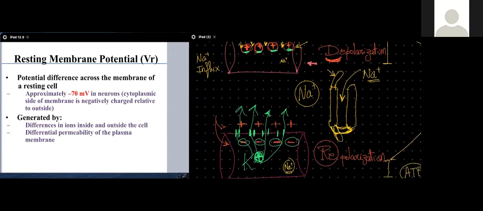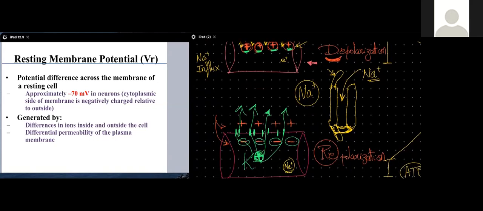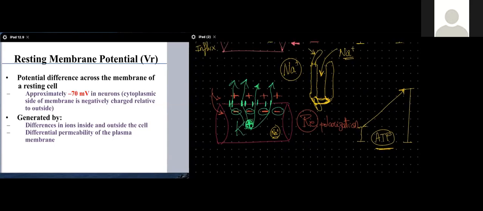So what do we call the process by which we return to the polarized state? This is my repolarization. And something to remind you here, the ion responsible for the polarized state is going to be my potassium.